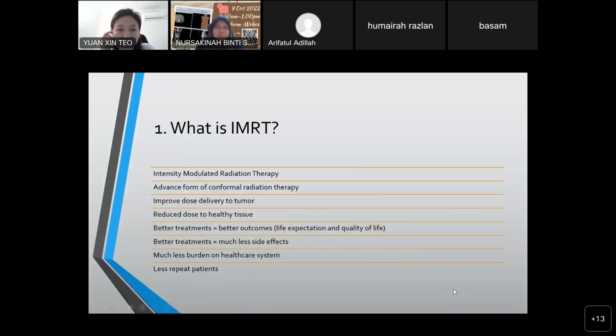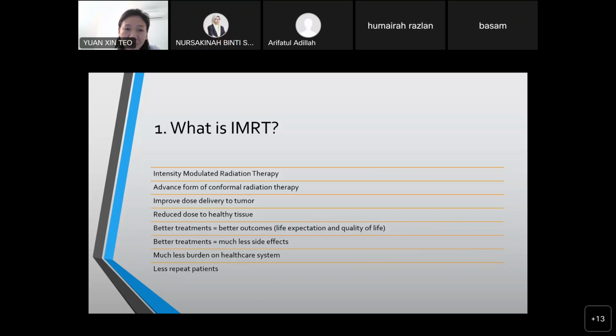Okay, it's an advanced form of conformal radiation therapy. Conformal radiation therapy means what we did in the previous class, our 3D planning technique. Then what is the advance of IMRT compared to 3D? We can improve the dose delivered to the tumor while we reduce the dose to the healthy tissue.